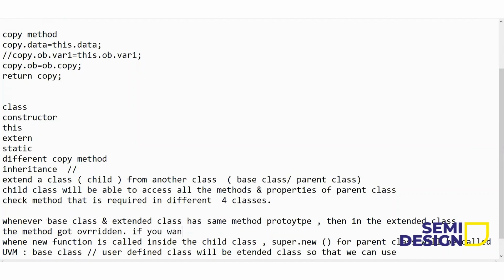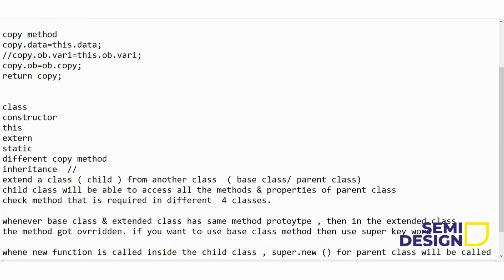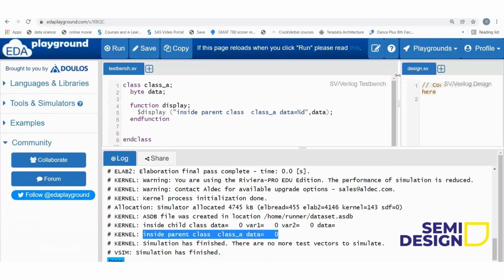If you want to use the base class method, then use the super keyword. This super keyword lets you use the base class method. This is applicable when they both have the same prototype.